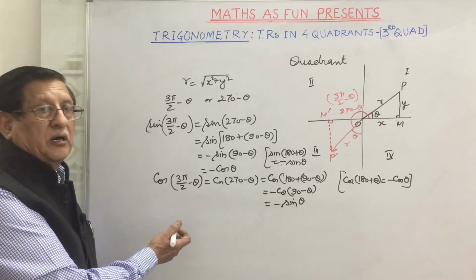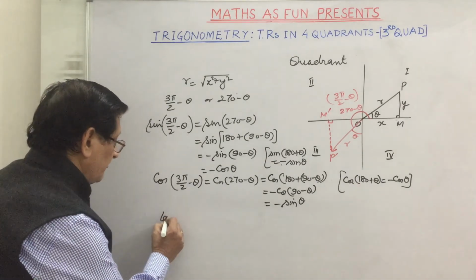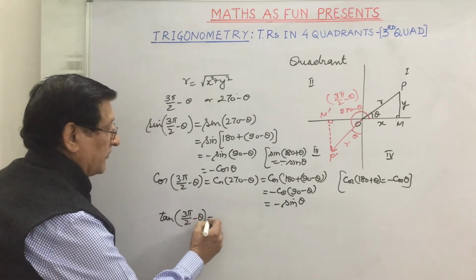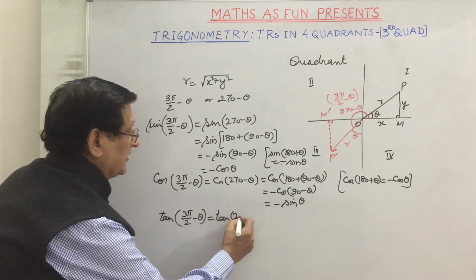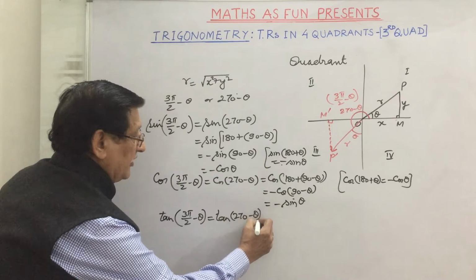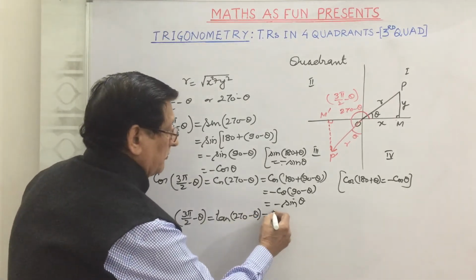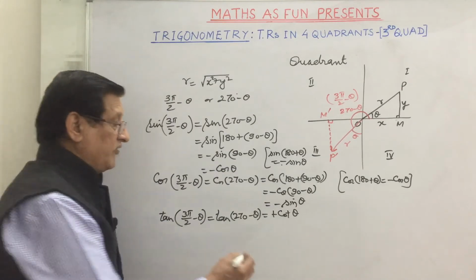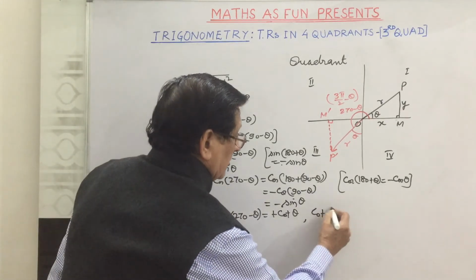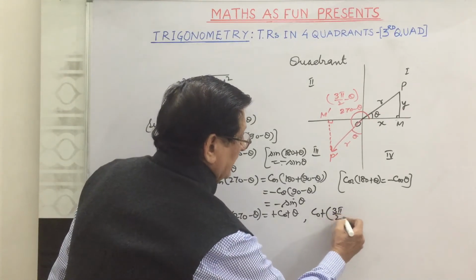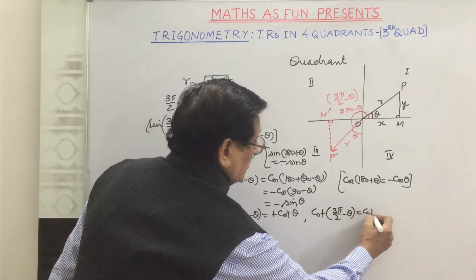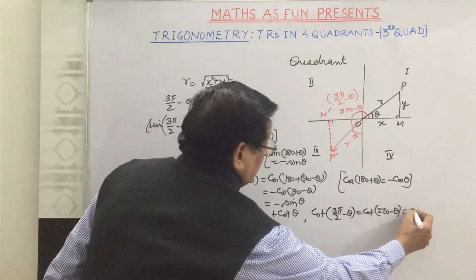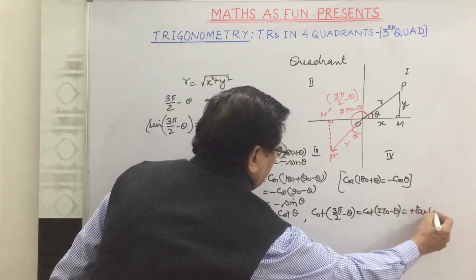Similarly, finding other trigonometrical ratios, we can go with tan 3 pi by 2 minus theta or tan 270 minus theta will be equal to plus cot theta. If we go for cot of 3 pi by 2 minus theta or cot of 270 minus theta, that will be equal to plus tan theta.